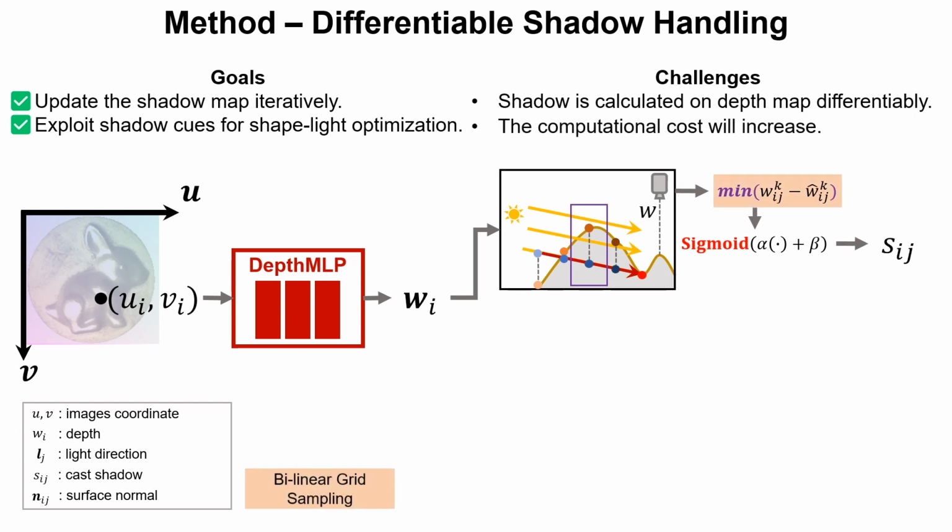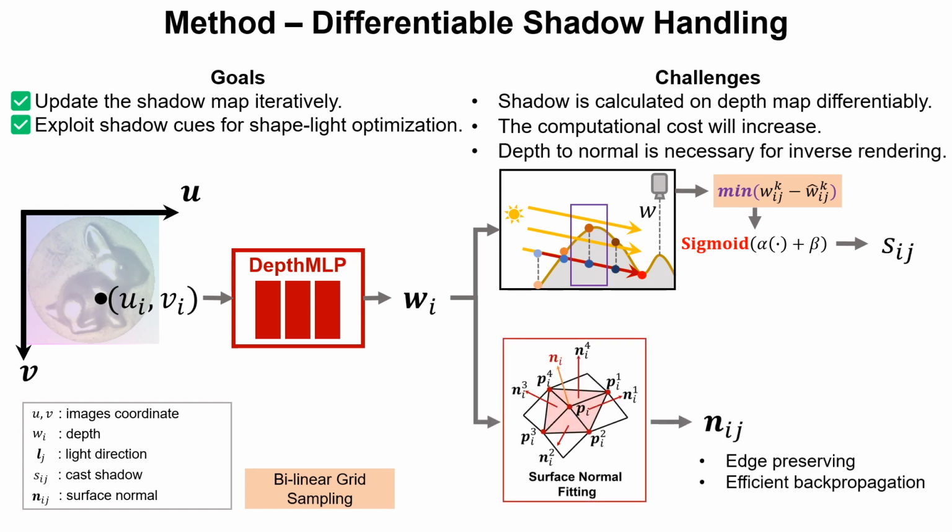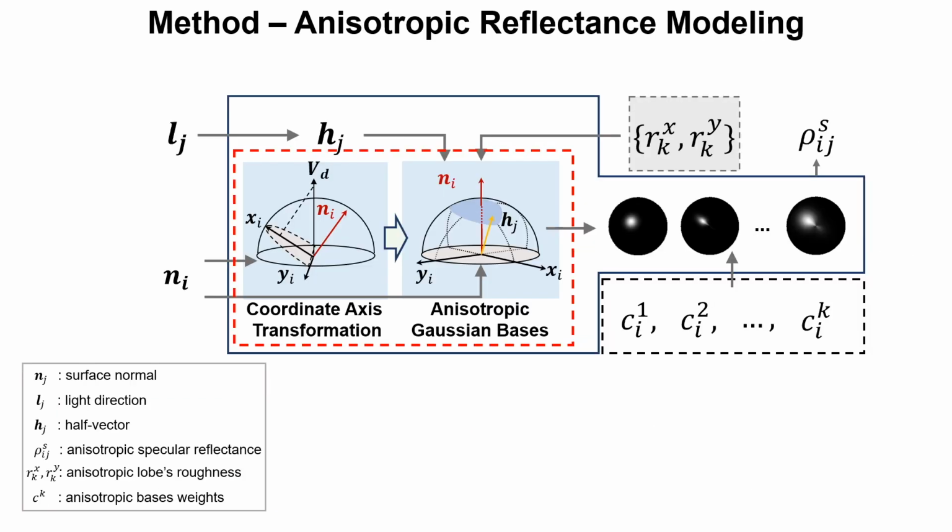The method also addresses challenges related to computational cost by bilinear grid sampling. We additionally propose a surface normal fitting method that is necessary for inverse rendering. The proposed fitting method is efficient in backpropagation and preserves edges well. The second important method we propose is the anisotropic reflectance modeling method.